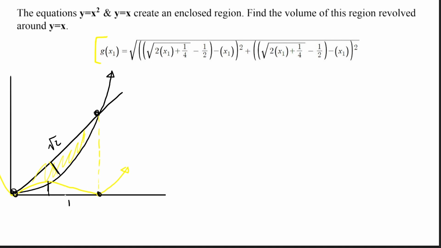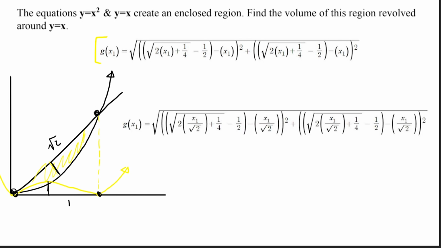So we need to stretch this equation in yellow so that this shape has the exact same proportions as the original shape that we want to integrate. If you remember stretching and compressing equations, we can divide each x1 by square root of 2, and this yields this new equation here.